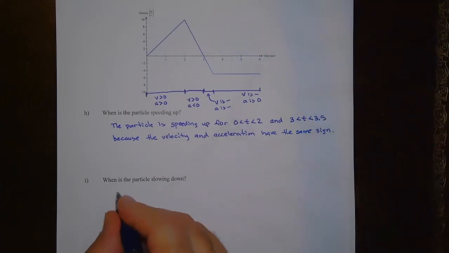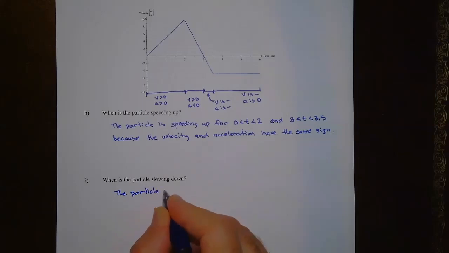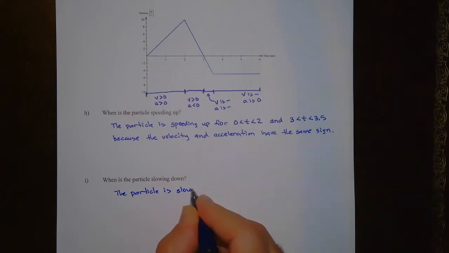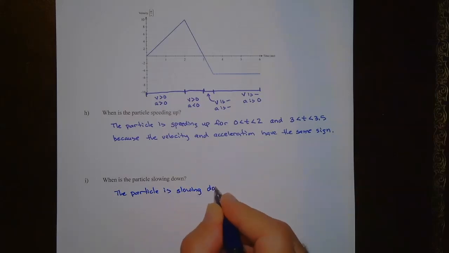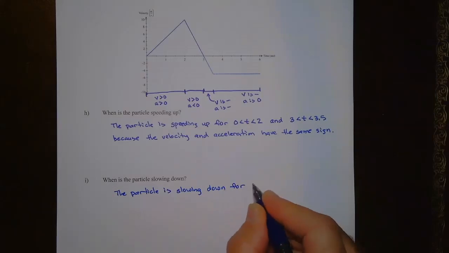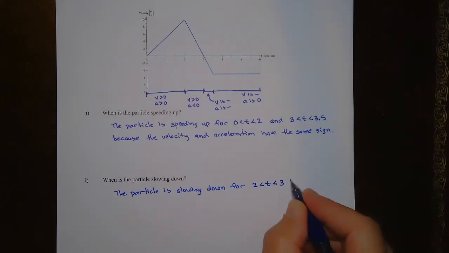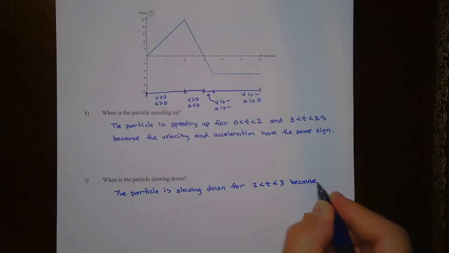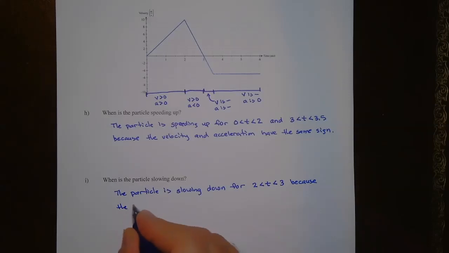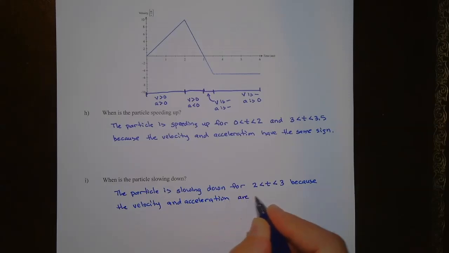So the particle is slowing down, and we'd say 2 < t < 3, because the velocity and acceleration are opposite signs.